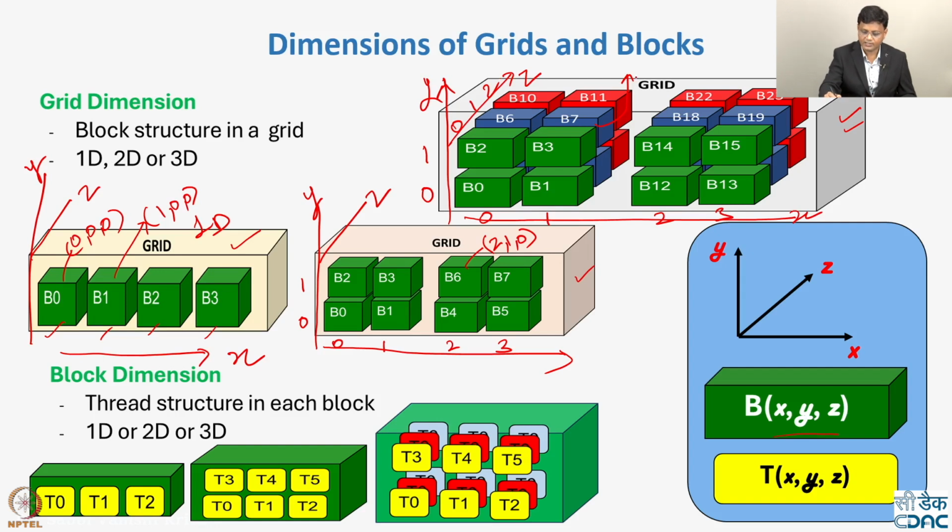So, you can say that the x position is 1, the y position is also 1, and then the z position is also 1. So, its position will be 1, 1, 1.